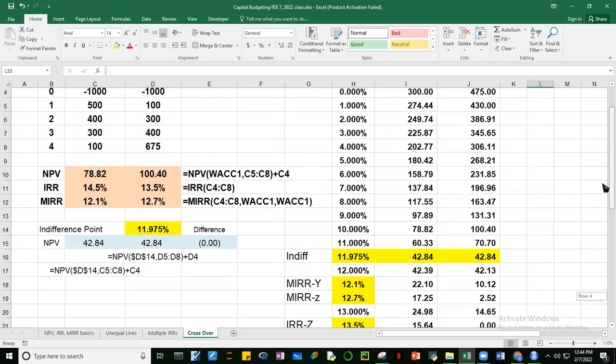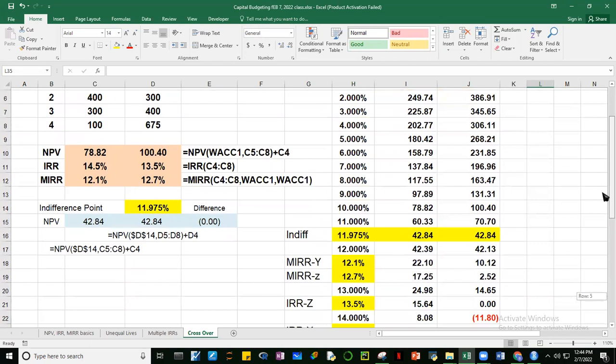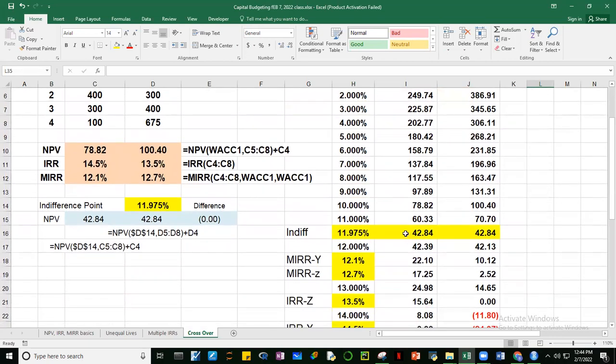Alright. So, very quickly guys, kung titingnan natin, ito yung indifference point natin, di ba? So what does this tell us? If the weighted average cost of capital is at 11.975%, kahit ano pipiliin natin. If the weighted average cost of capital is below 11.975, then choose Project L. Bakit?